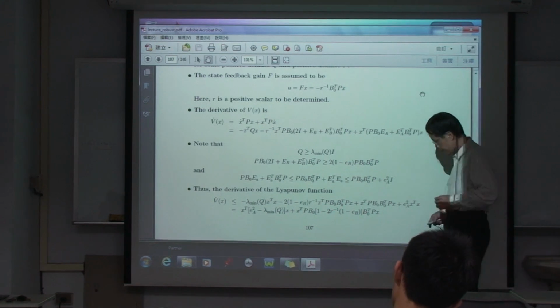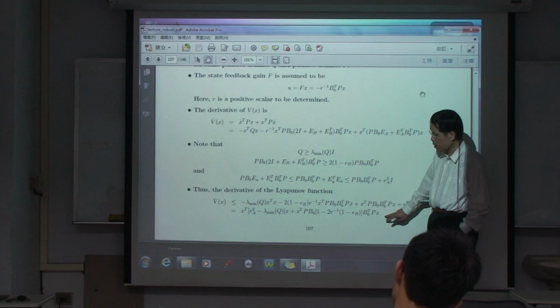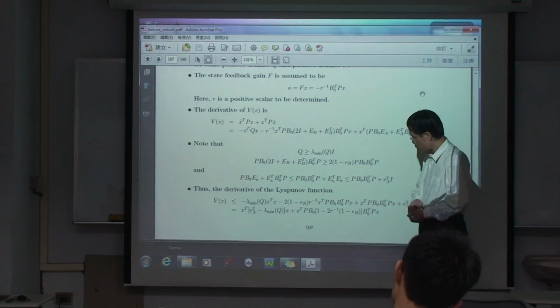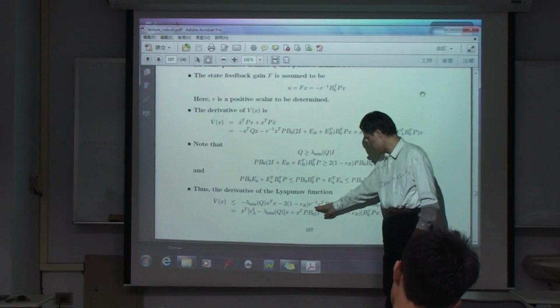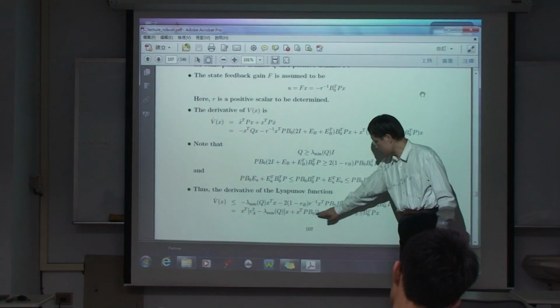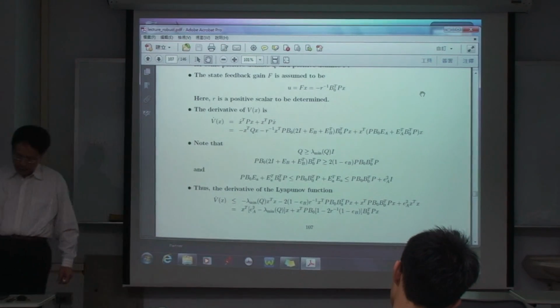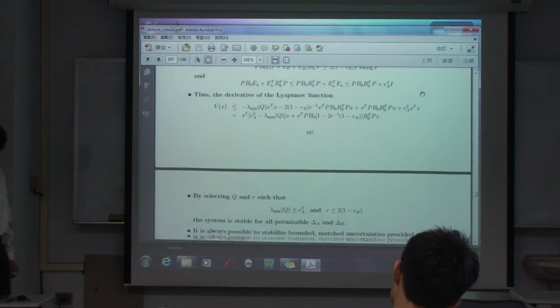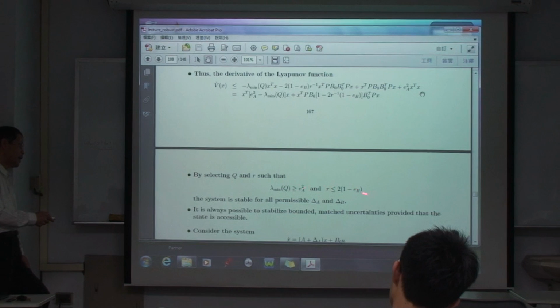So you hope that this will be less than or equal to 0. You hope that this term is negative, and you also hope this other term is negative as well. So the question is, can you do it? And the answer is definitely yes. That means, suppose you already know EA and EB.